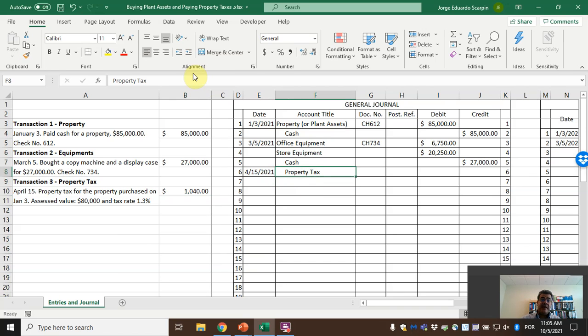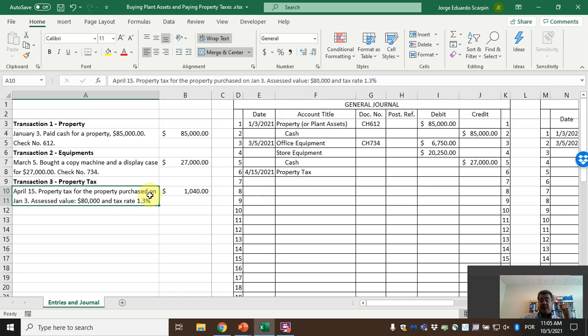And here, guys, this property tax, we can consider it as an expense or a prepaid expense. Prepaid expense is more correct because this property tax is for 1 year. So property tax should be a prepaid expense, an asset.